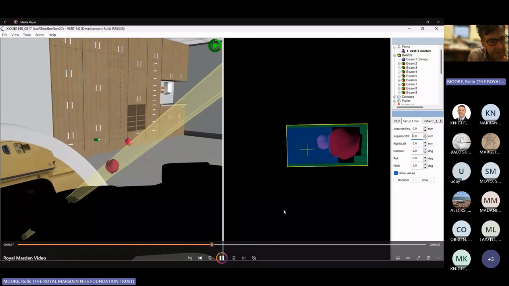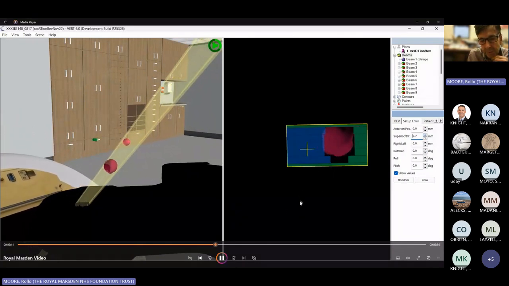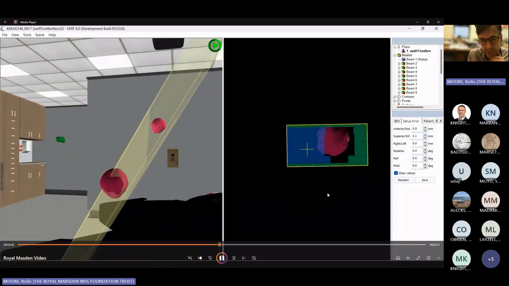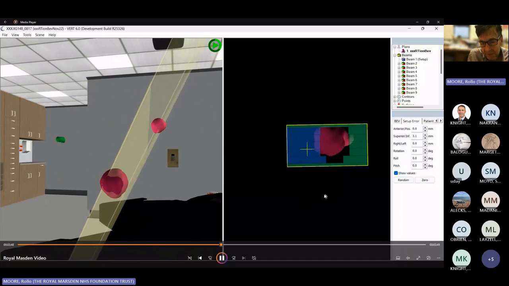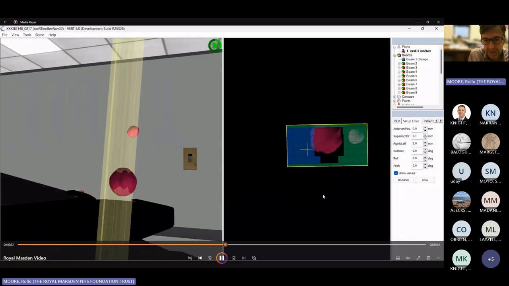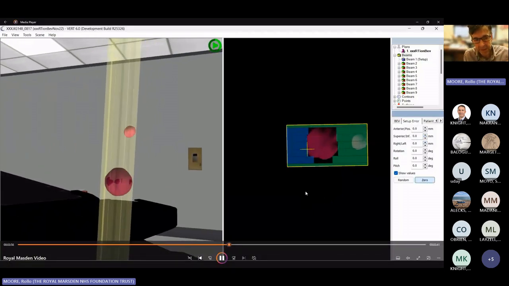Now, this part is showing a slightly different view. The part on the right is showing what's called a beam's eye view. So it's as if we're at the radiation source looking out, and you can see those planetoid lesions moving relative to each other as the linac gantry rotates around the patient.